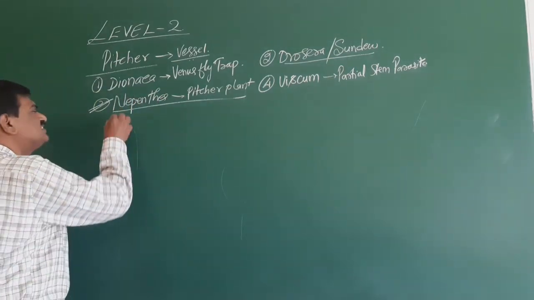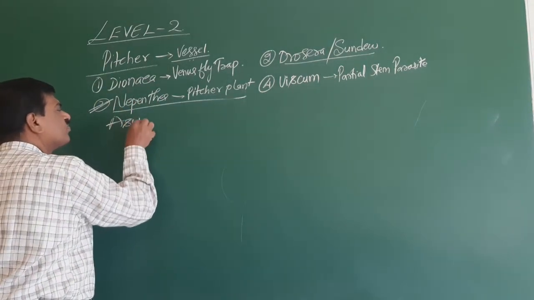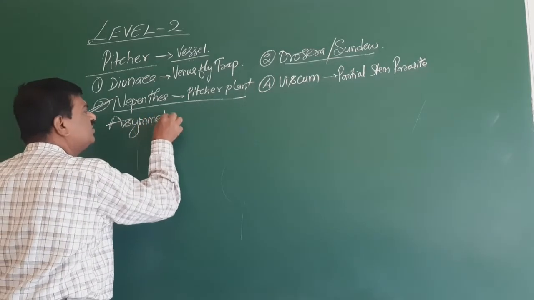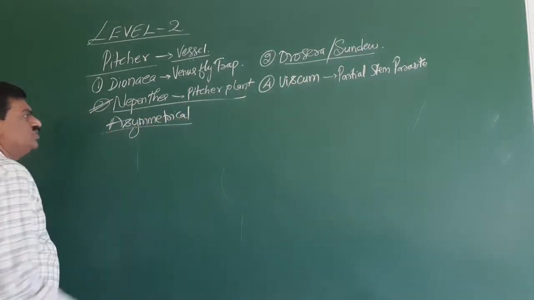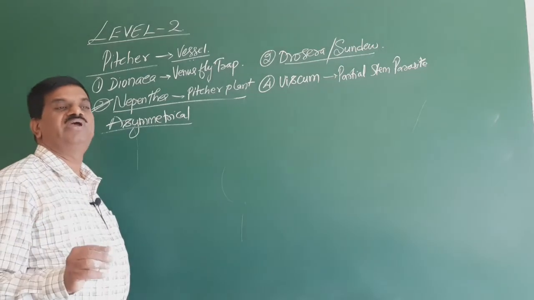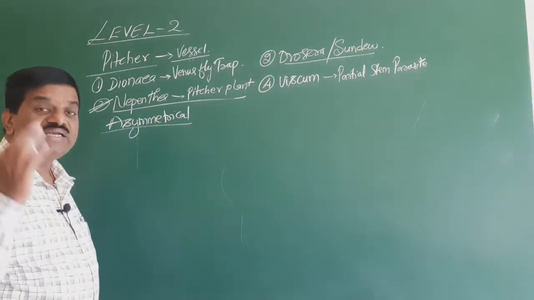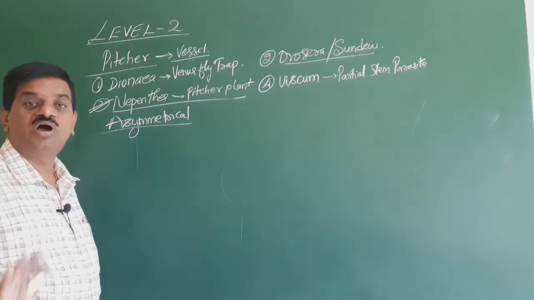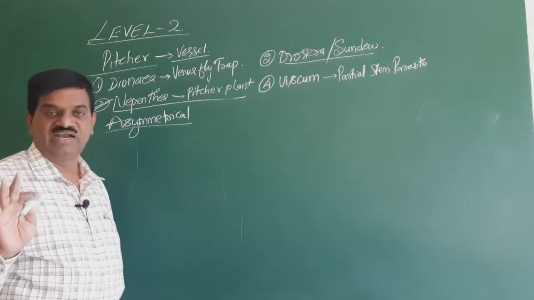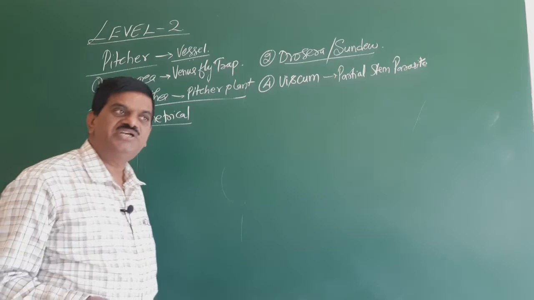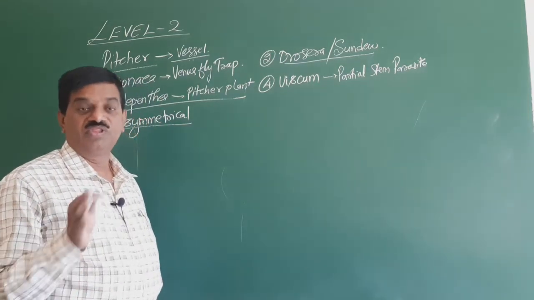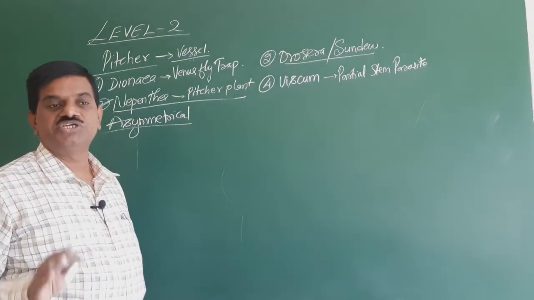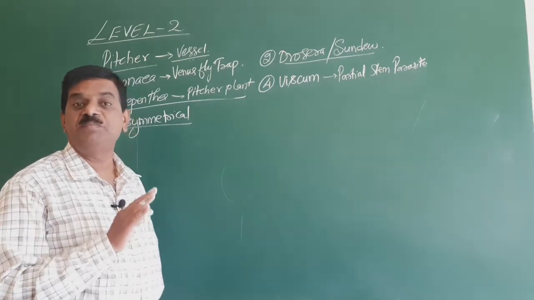So the word asymmetry. Asymmetrical flower means when you take a flower and cut it, it never gives rise to two equal halves in any plane. I will repeat this. When a flower is cut, it never gives rise to two equal halves in any plane.